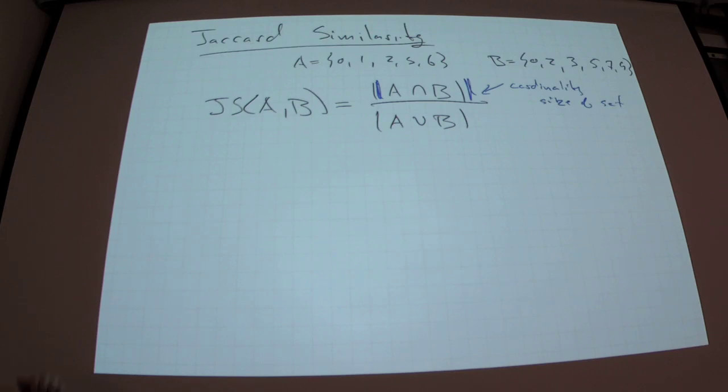Those should be single vertical bars; I redrew them in blue to highlight them. That's the size of the set.